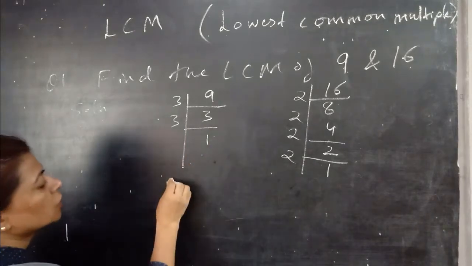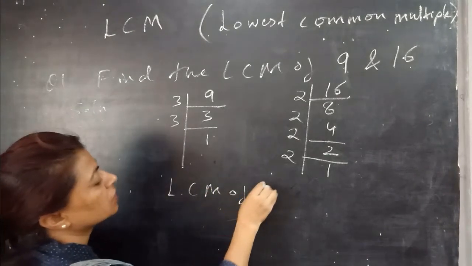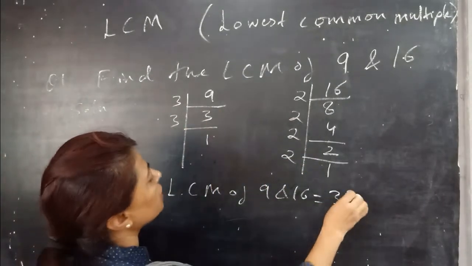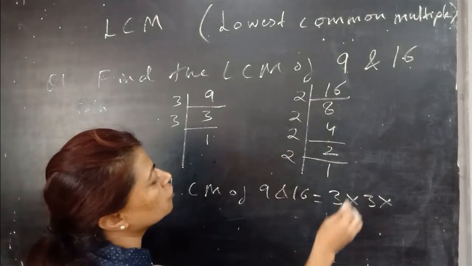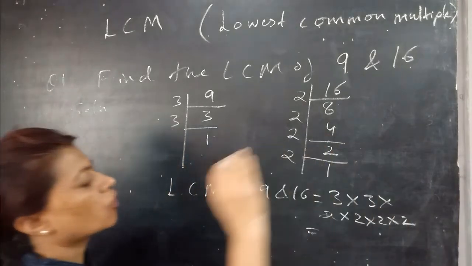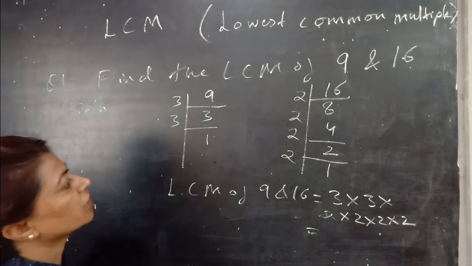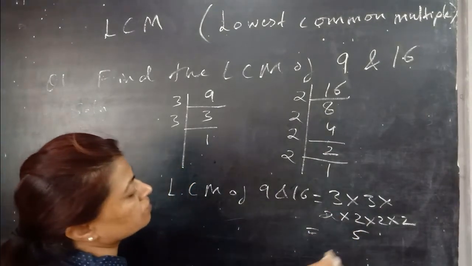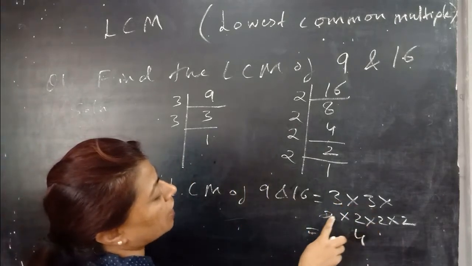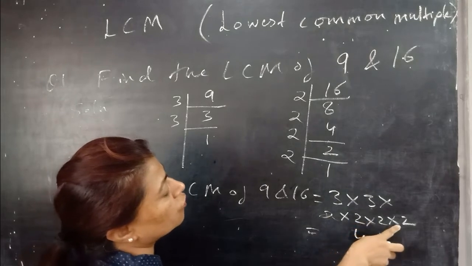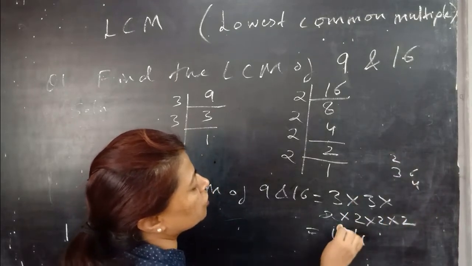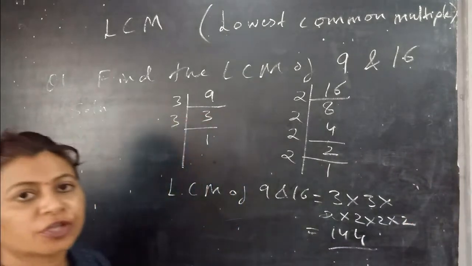So for finding the LCM of 9 and 16, we have to take all the factors: 3 multiplied by 3, then 2 multiplied 4 times, and multiply all of them. 3 times 3 is 9, 9 times 2 is 18, 18 times 2 is 36, then 36 into 4 gives 144.